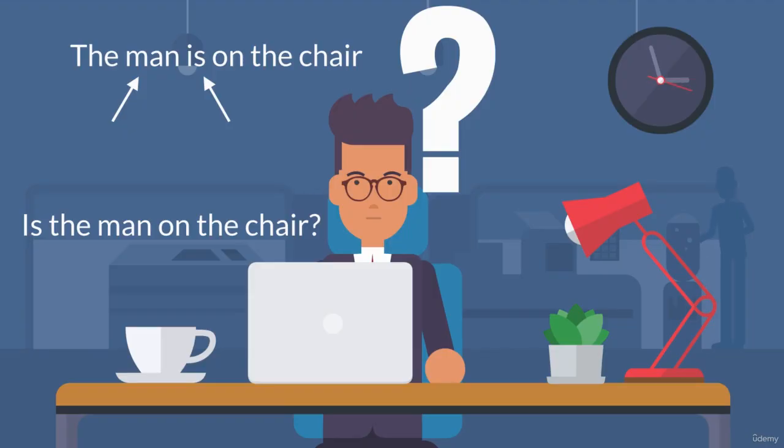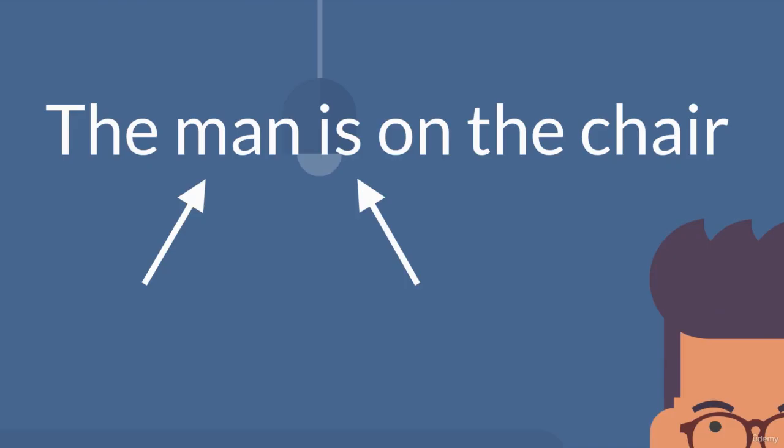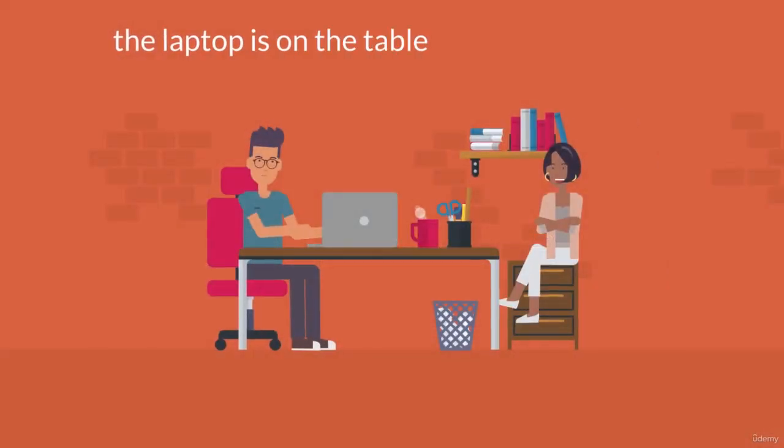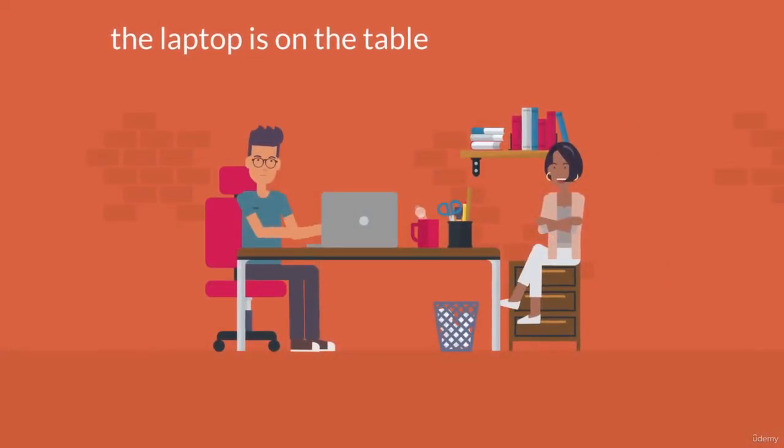Now, repeat after me. The man is on the chair. Is the man on the chair? The laptop is on the table.